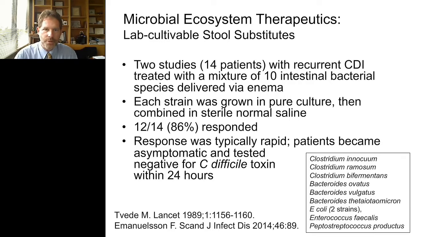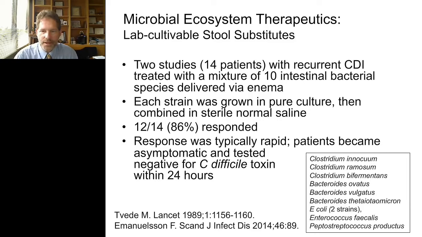And so this is what some call microbial ecosystem therapeutics. I'm showing you data from 2 published papers from the same group, or at least Tavetti was an author on both of these papers. In total, in this work, they present 14 patients who had recurrent C. diff infection, and they were treated with a mixture of 10 different bacterial species that are listed in the right corner there.